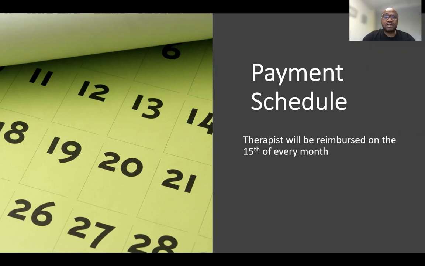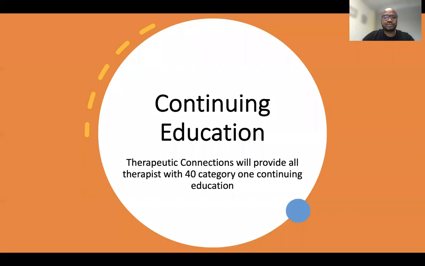It just works for us to bill for the previous month. So let's say we are in the month of August: on the 15th of August, everyone will be paid for the month of July, and so on and so forth.